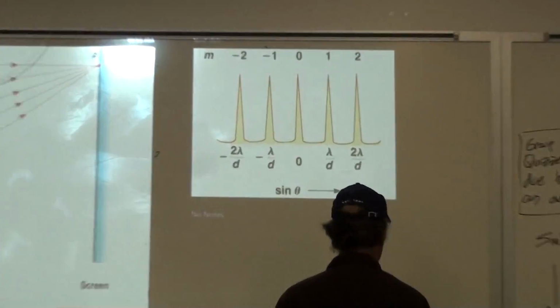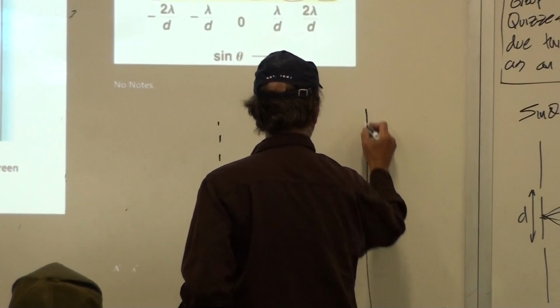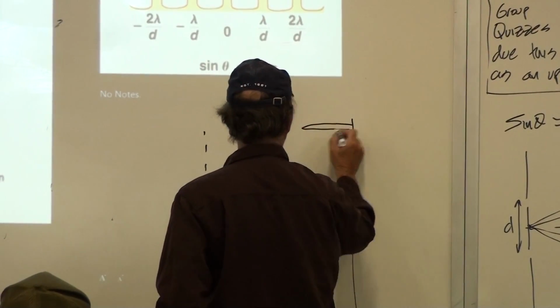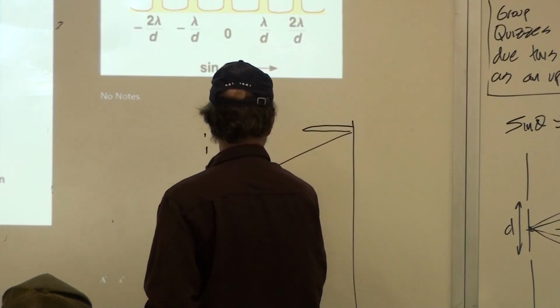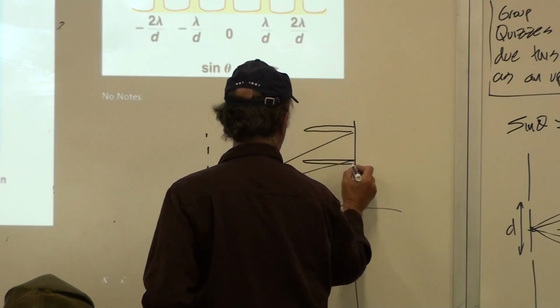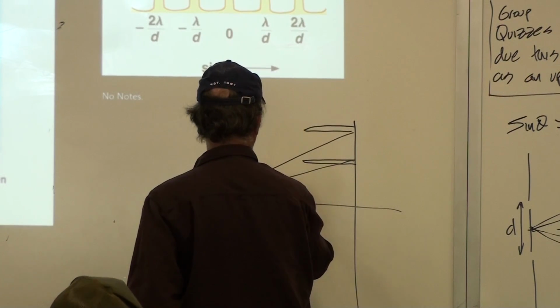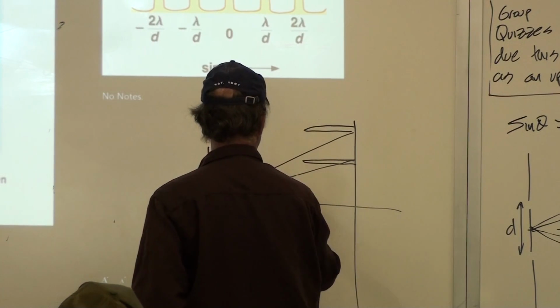And with a more peaked distribution, we left off last time with a multiple slit. We saw that the red and the blue had a different angle. This is theta blue, this is theta red.